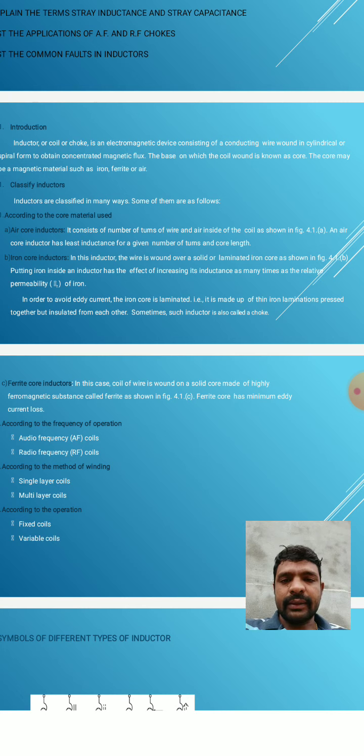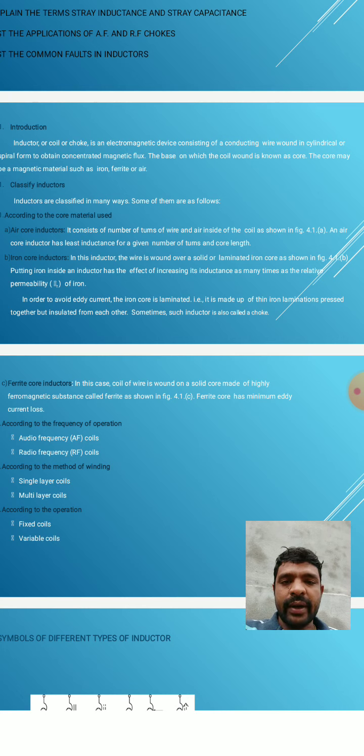Iron core inductors. In these inductors, the wire is wound over a solid or laminated iron core. Putting iron inside the inductor increases its inductance by a factor equal to the relative permeability of iron.